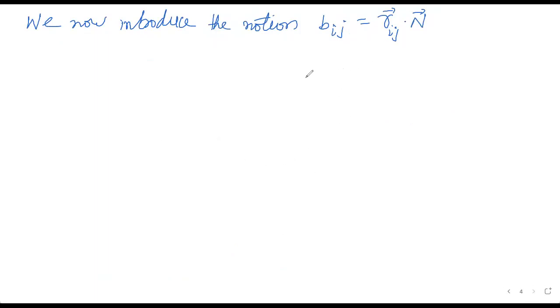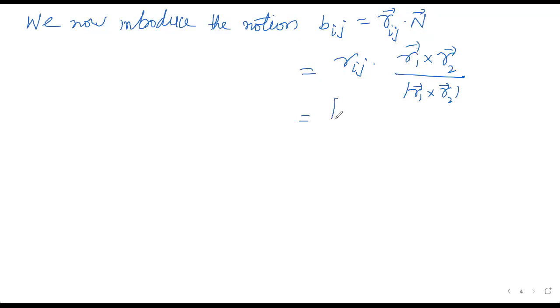So this Rij dot n, if you solve and write it, you can write Rij dot R1 cross R2 upon mod of R1 cross mod of R2, or this is a triple product.